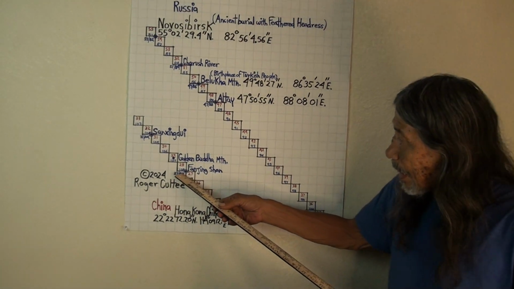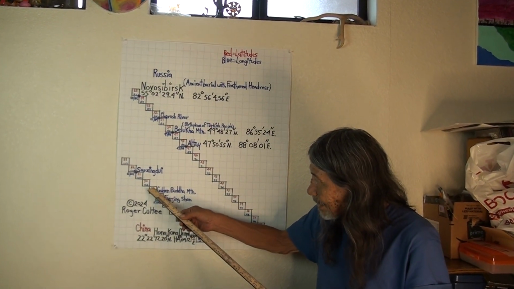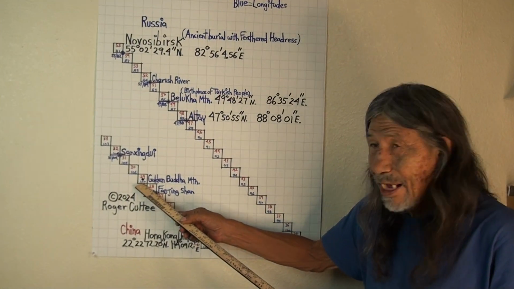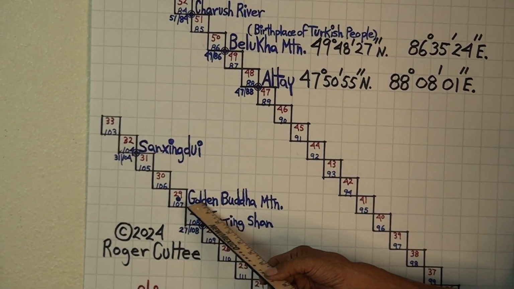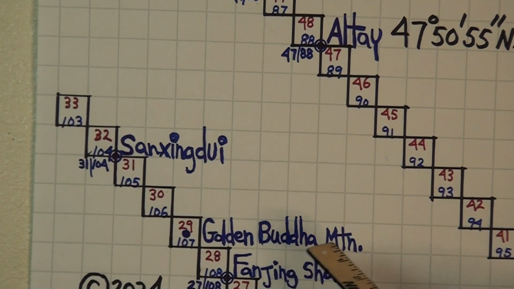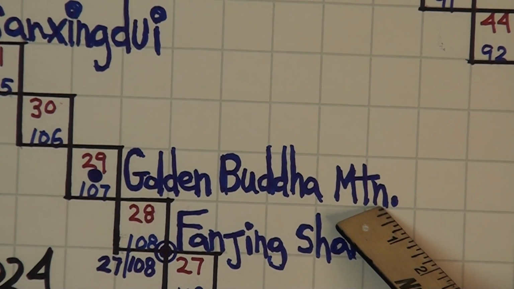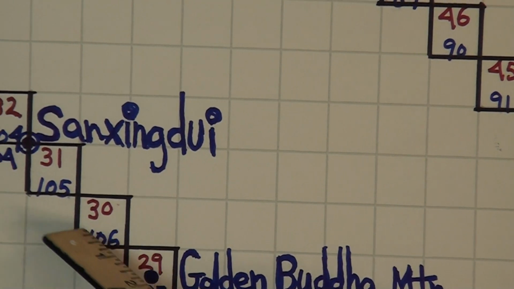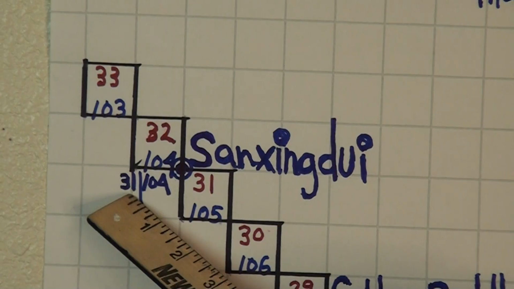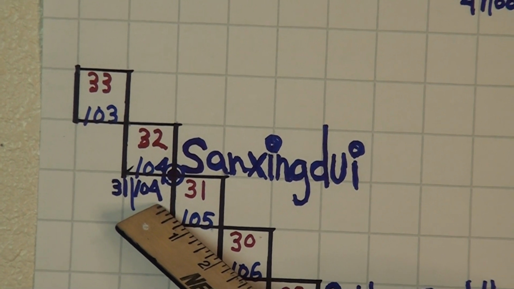So anyway, at 27,108, then you go to 28, then you go to 29,107. And what did I say about Buddha? It takes you to a place called Golden Buddha Mountain, which gives you a hint that this is the route that Buddha took.